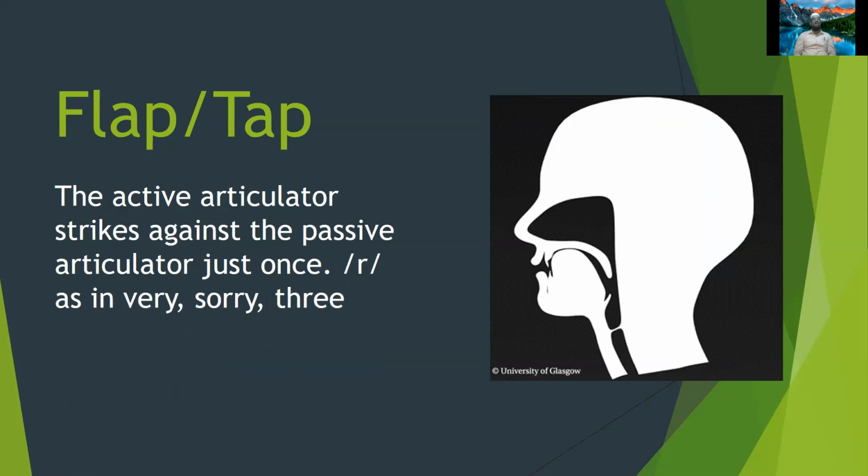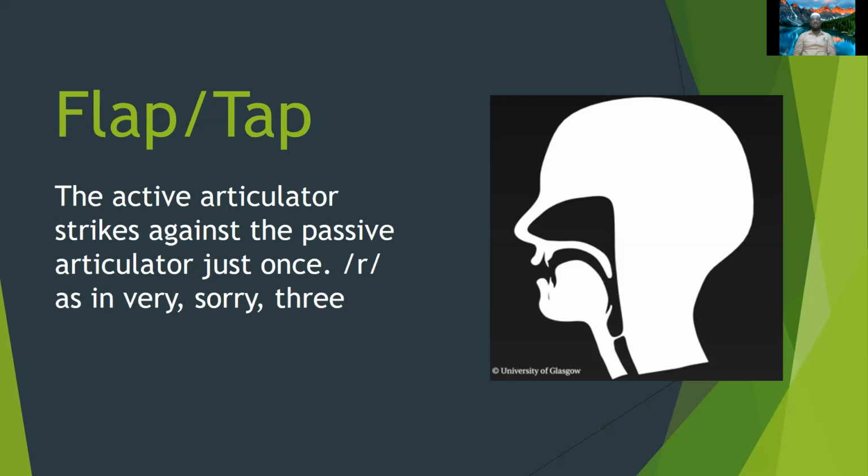Next, we're going to see flap, also called tap consonant. Flap or tap: the active articulator strikes against the passive articulator just once. Very, sorry, three.